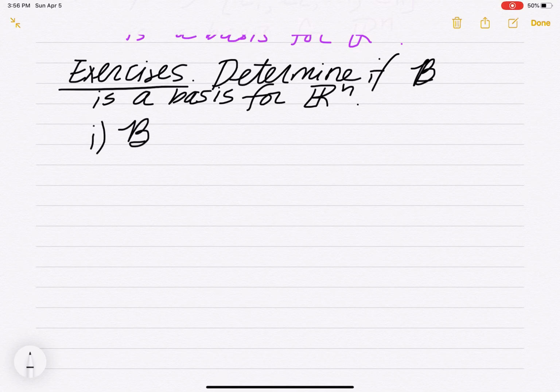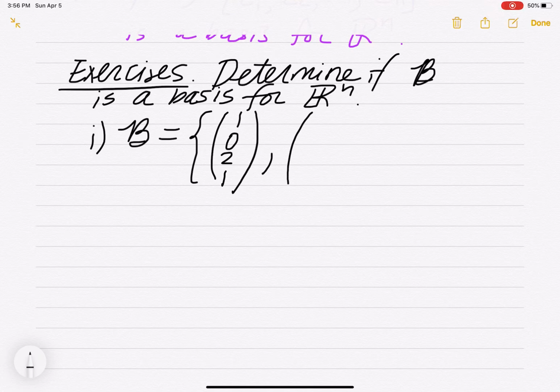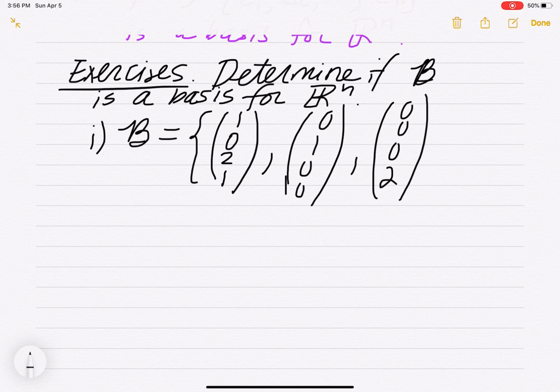I have a set of vectors, B, consisting of 1, 0, 2, 1, that's my first vector. Then for my second vector, 0, 1, 0, 0. And then for my third vector, 0, 0, 0, 2. And I'm asking, is this a basis for R4? The vectors come from R4. So the question is, do they span R4 and are they linearly independent?